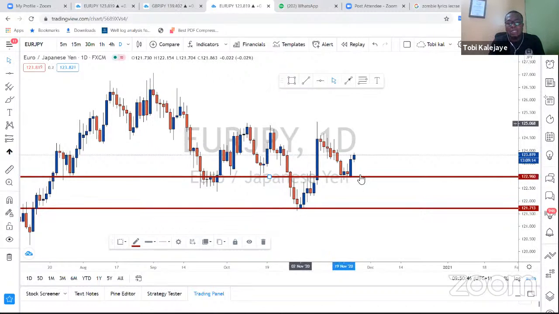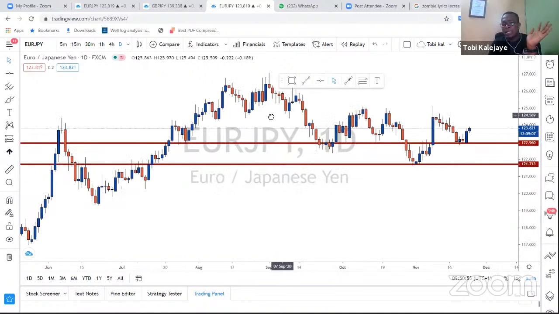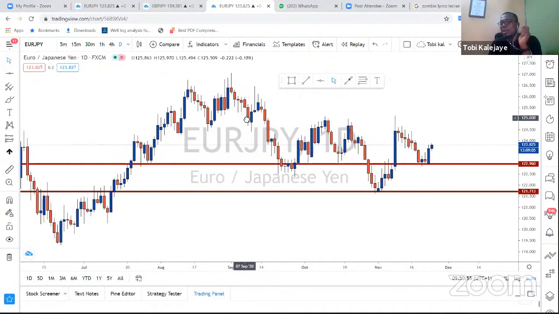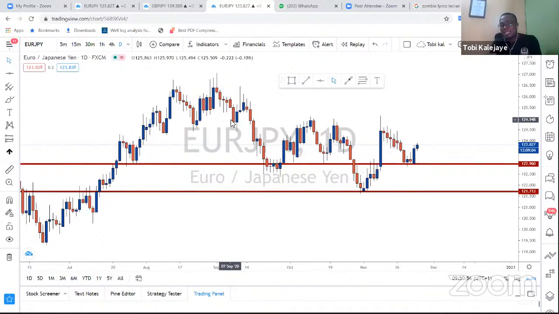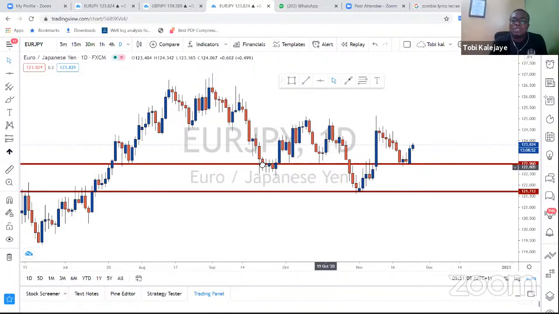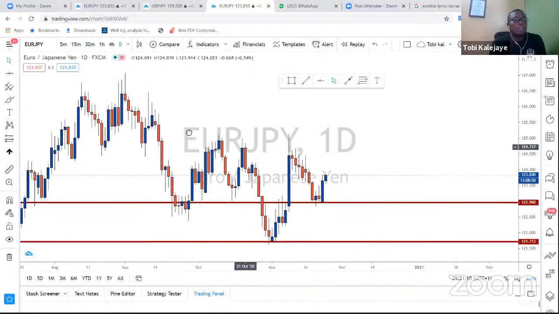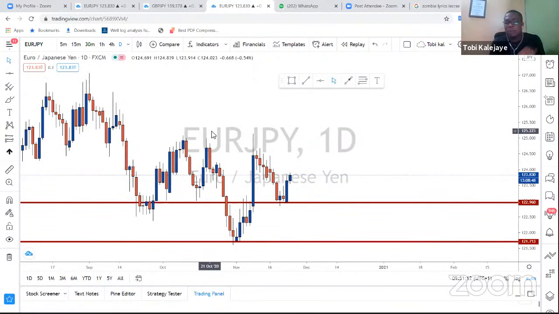When I draw this line, sometimes you start focusing too much on the past, which you are not going to make money from. It's okay when you are backtesting or trying to look at what price has done before. But if you are looking to trade for the day, it's always better off to not go too deep into the past.